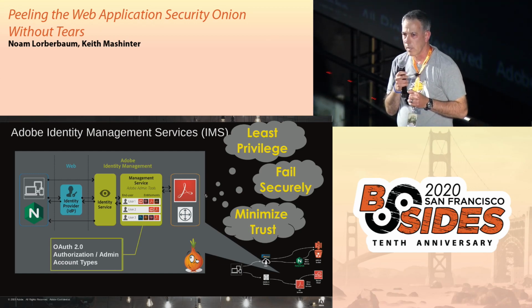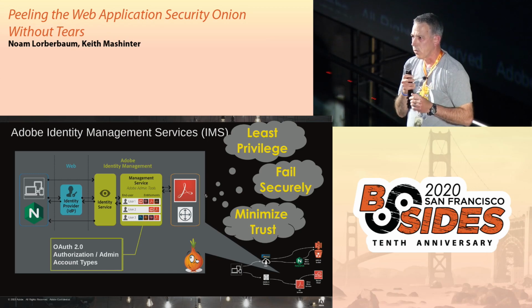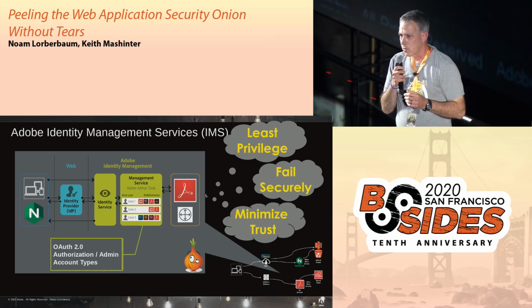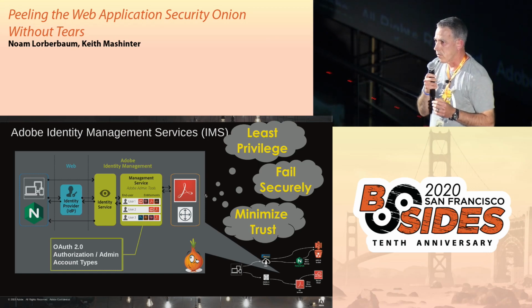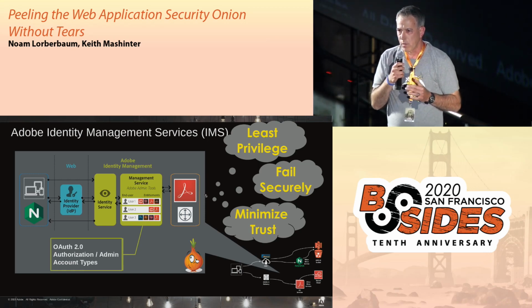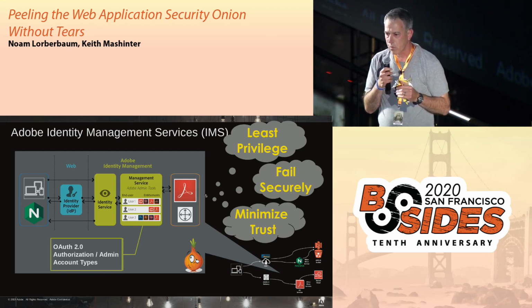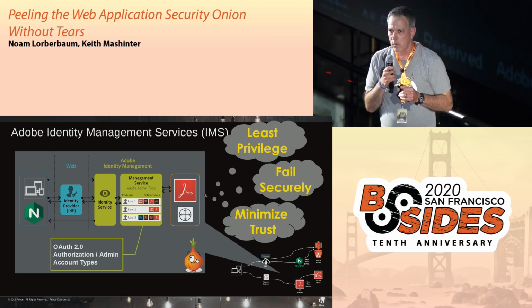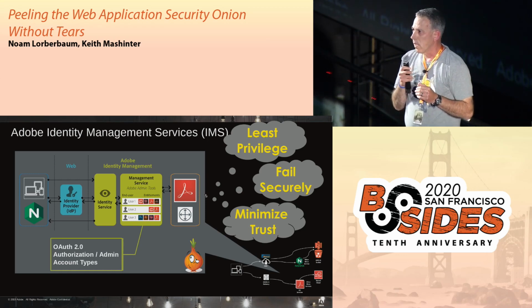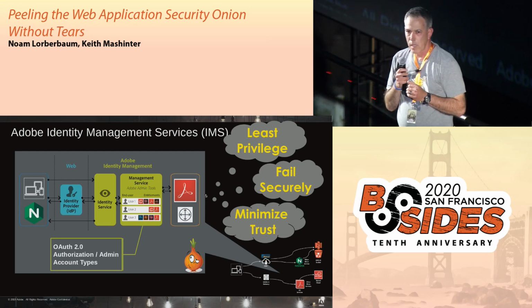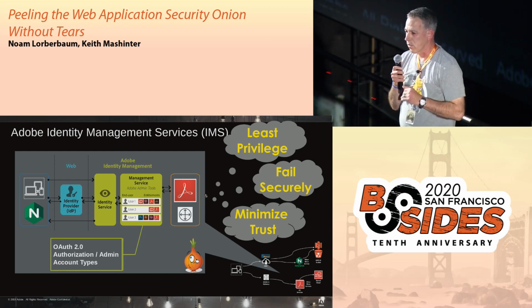It includes a UI component for user sign up and sign in, as well as admin tools for enterprise customers to manage licenses within their own organizations. It also supports multiple account types, such as Adobe IDs for individual and enterprise customers, and it also supports authentication between services.